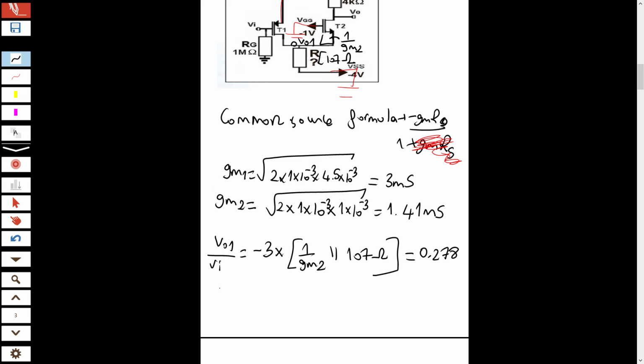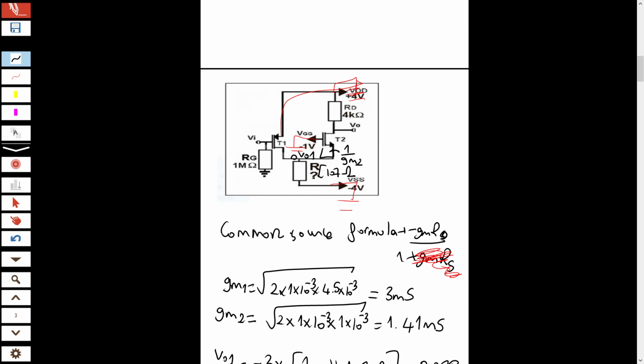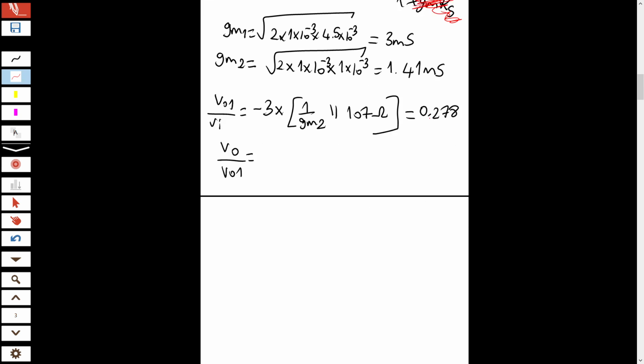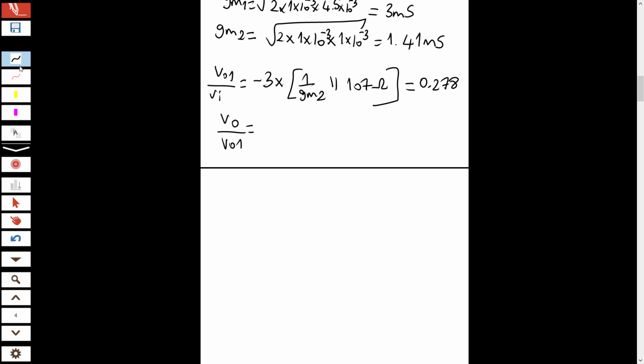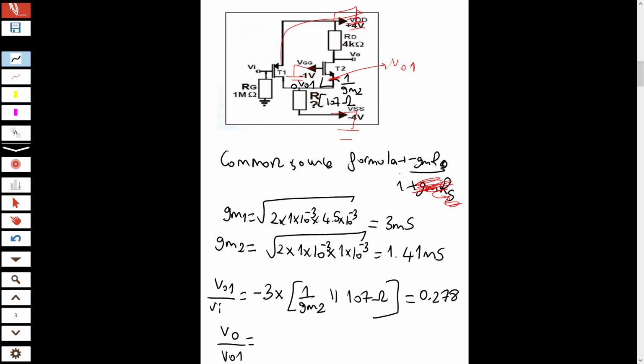Okay, let's find the second gain. The second gain is VO over VO1. If I look at the circuit, right now I am here, and this is VO1. For the second gain, the circuit is like this. My RD goes to ground, this is VO1, and the gate is grounded. What is my RD? 4K.